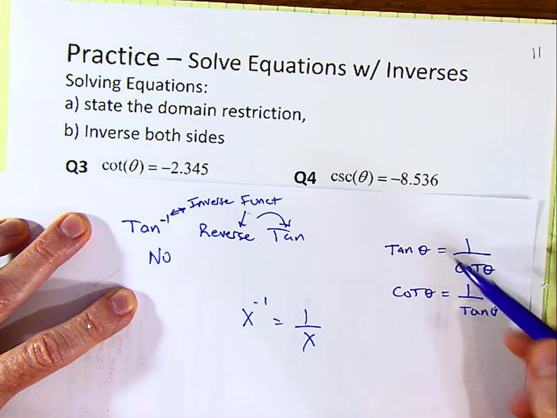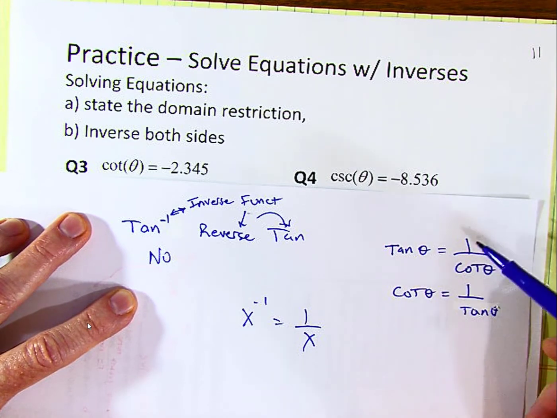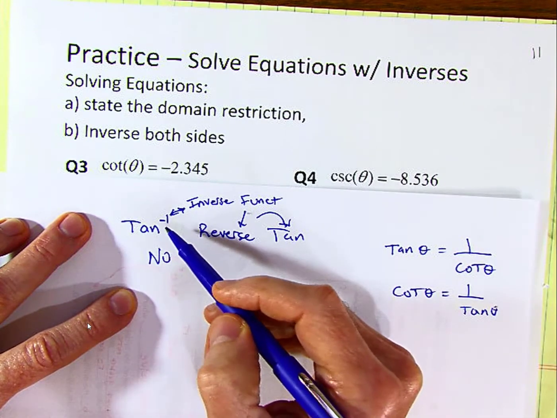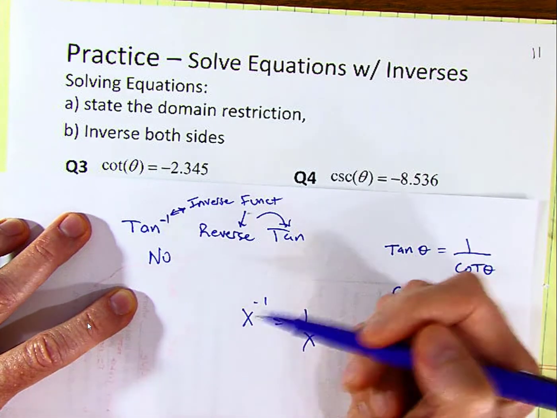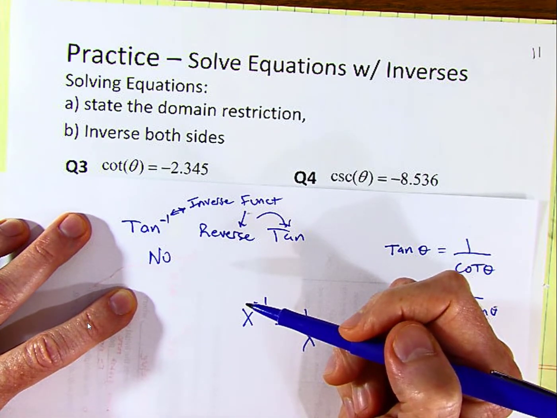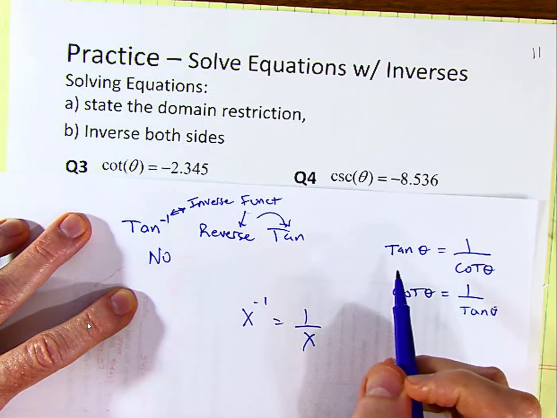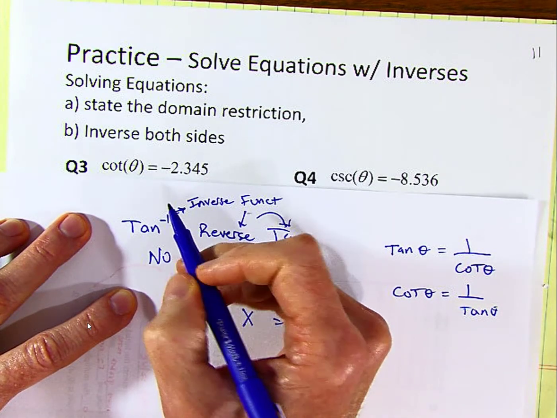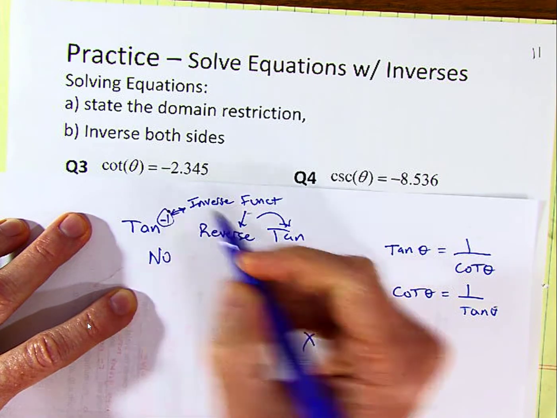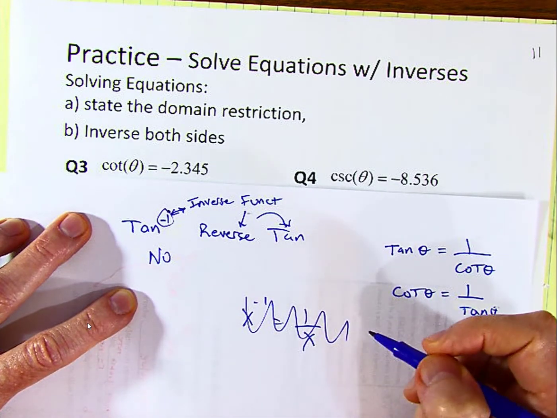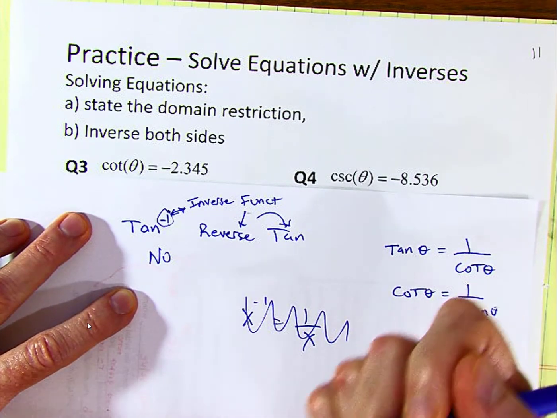This idea of reciprocal function, reciprocal fractions is different than an inverse function. I know that's confusing. That's real easy to switch over. But when we do the inverse function, this is not an exponent. It's not a reciprocal. We're not doing that. So that is a dilemma.